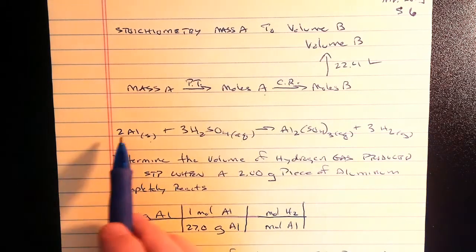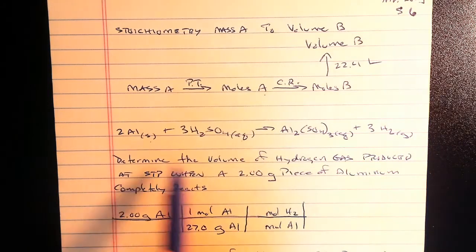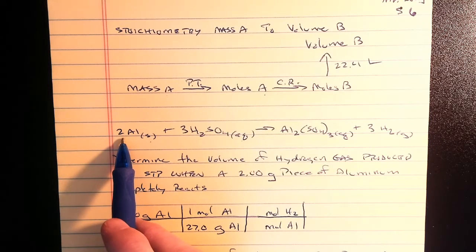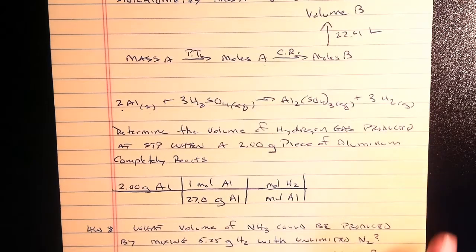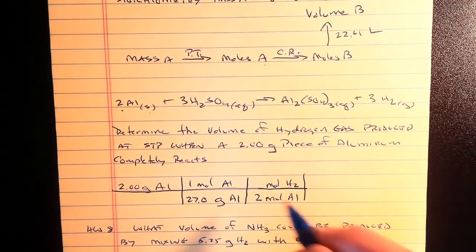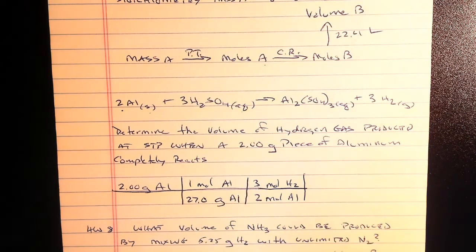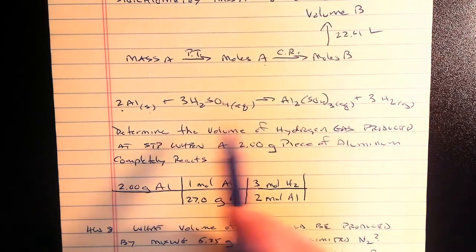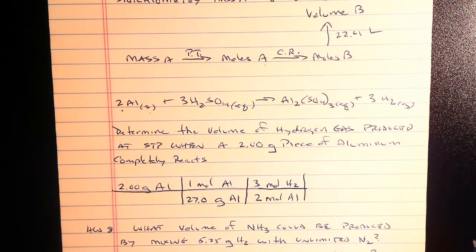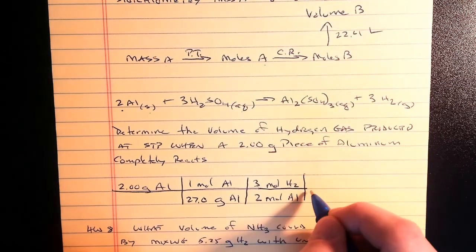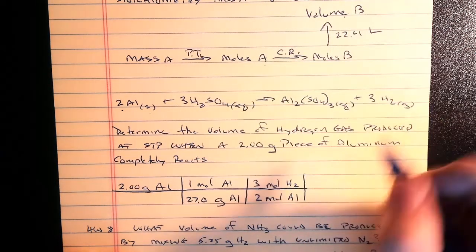You look at our balanced equation. By aluminum we have the coefficient of a 2, so that 2 goes right here. And in front of hydrogen you have a coefficient of a 3, and that goes right up there. So from moles A to moles B, you're looking at the mole ratio or the coefficient ratio. And we've got one more step, we're going to volume of B.